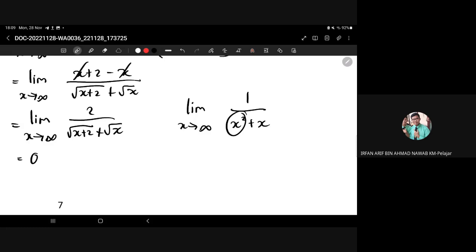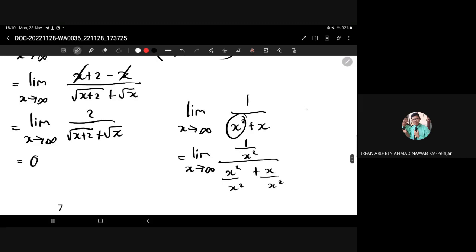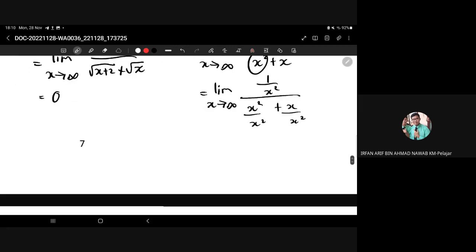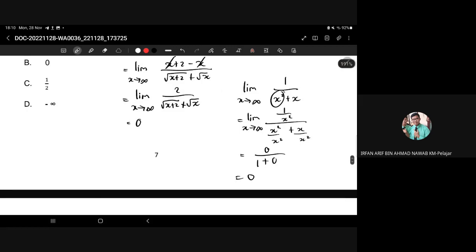Therefore, we divide all the terms by x squared, meaning the limit as x approaches infinity of 1 over x squared divided by x squared over x squared plus x over x squared. We know for a fact that 1 over x or any kind of variable, if x is infinity, then it will be 0. So therefore, this should be 0 over 1 plus 0. Therefore, it will be 0, obviously.